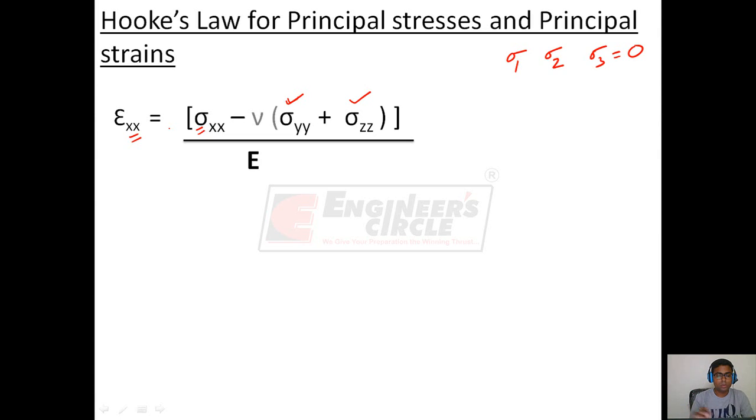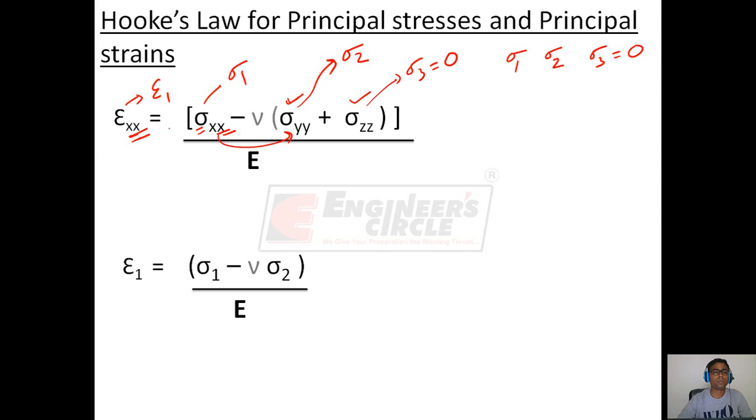Therefore, we can write epsilon 1 instead of epsilon xx. So we have to write sigma 1 instead of sigma xx, and sigma y, that is perpendicular to x, is to be written as sigma 2, because sigma 2 is perpendicular to sigma 1, and sigma zz is sigma 3, which is 0.